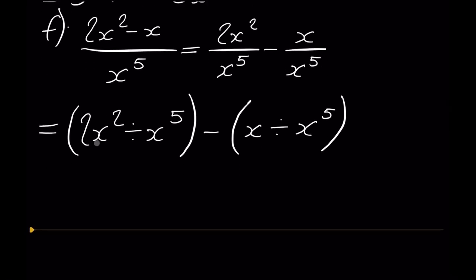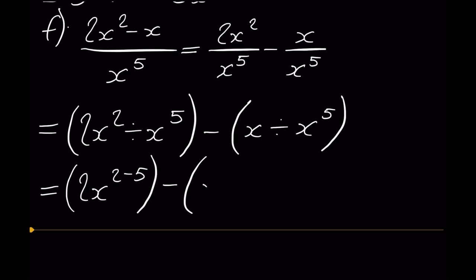Now let's start off with this first expression here. So we've got 2x squared divided by x raised to the power 5. Again, we can just use the index laws we looked at in the previous video, the division index law, where we have to subtract the exponents. So this becomes 2x raised to the power 2 minus 5.